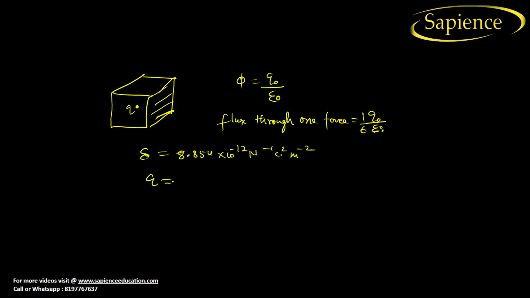So flux will be equal to 1 by 6 into 10 to the power minus 6 divided by 8.854 into 10 to the power minus 12.